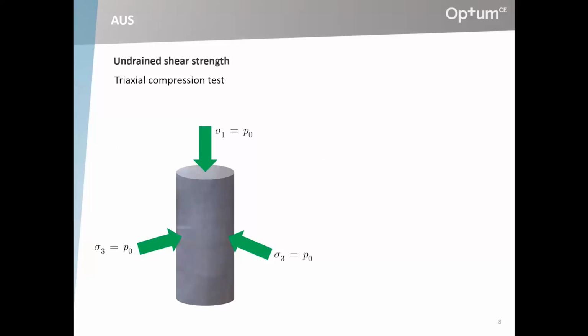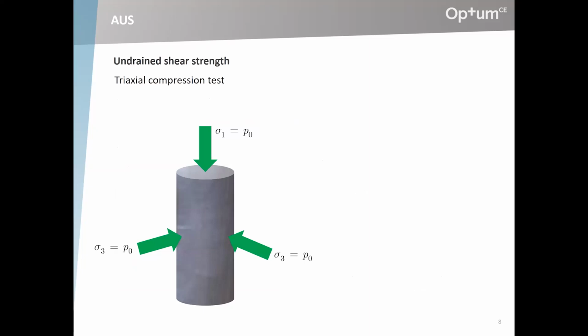It requires that we determine the undrained shear strength, so that can be done in situ with CPT or whatever. Or it can be done in the lab. And if we were to do it in the lab, we might set up a triaxial compression test, which is sort of what I've tried to indicate here.